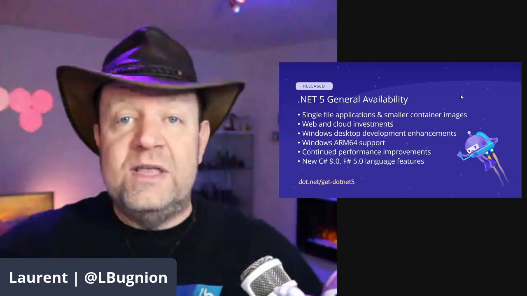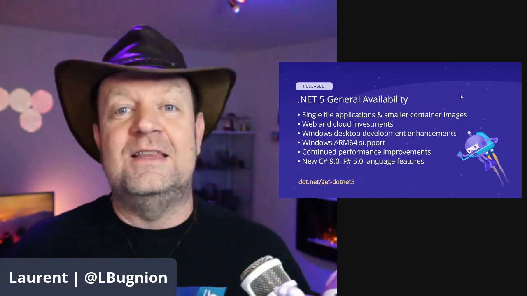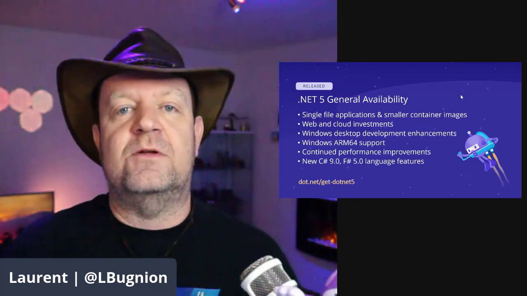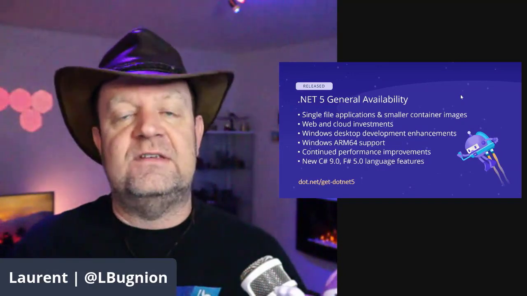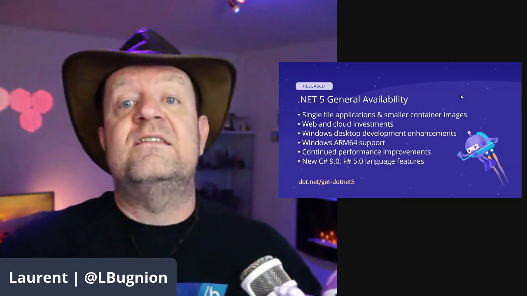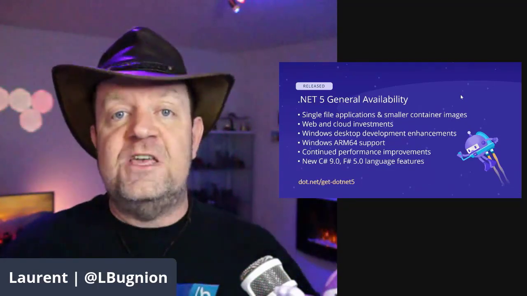Also, in terms of Windows desktop, the good old Windows Forms has been enhanced, as well as Windows Presentation Foundation. There is also support for Windows ARM64. This is quite modern and quite interesting here. And of course, always some performance improvements. Also, interestingly, new features in the languages.